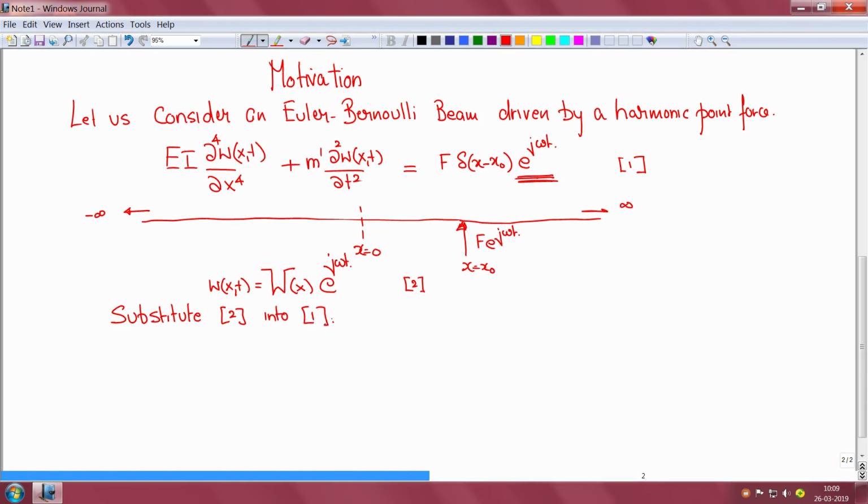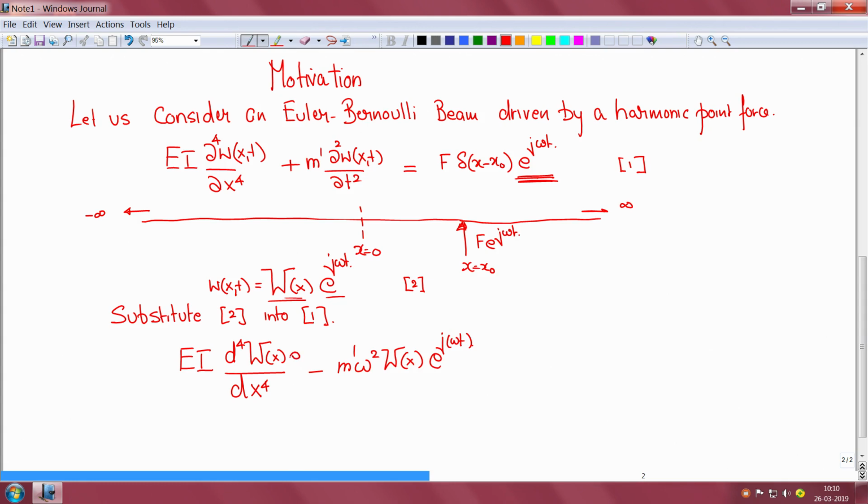okay, then we get the spatial derivatives will act on W of x, the temporal derivatives will act on e to the power j omega t, and so we get E I d 4 W of x by dx 4 minus m dash omega square W of x e to the power of j omega t.